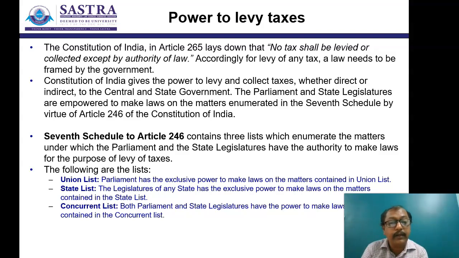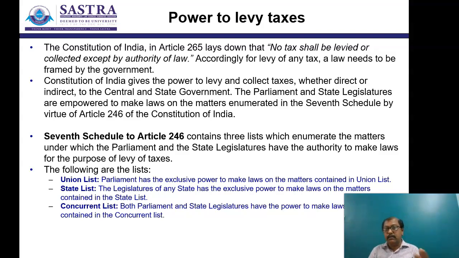And there's going to be a Concurrent list, under which you have GST, where the Parliament and the state legislature both have the power to make laws to levy and collect taxes, and all the matters related to the taxes are concurrently handled by both the central government and the state government.